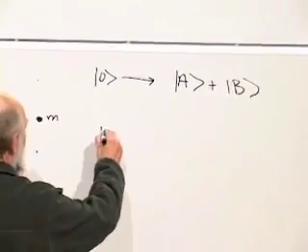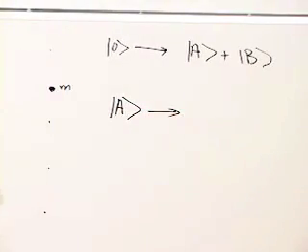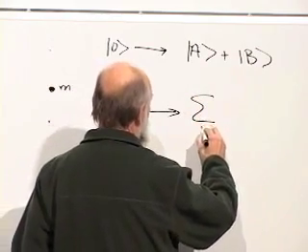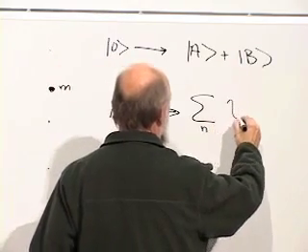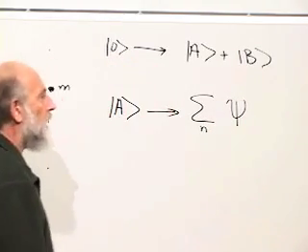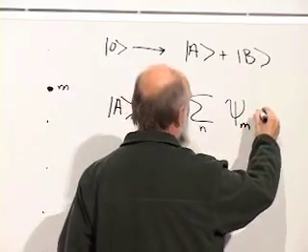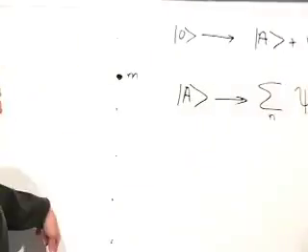So we can say that A evolves into some superposition, arbitrary superposition, nothing special, a sum on m of some coefficients which represent the probability amplitudes, psi sub m, of the electron now being at the mth place.